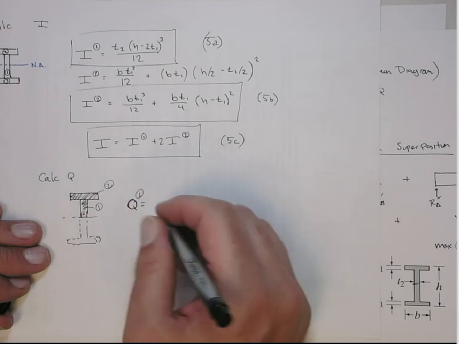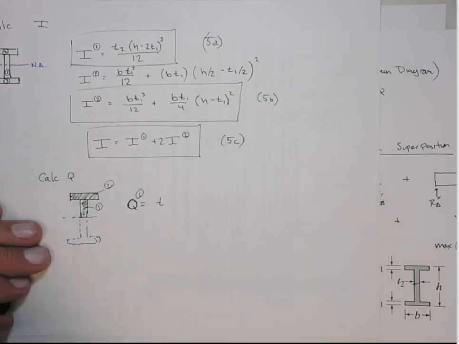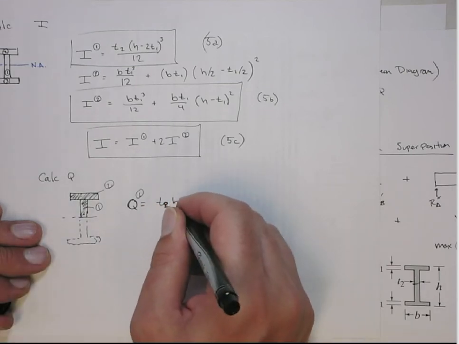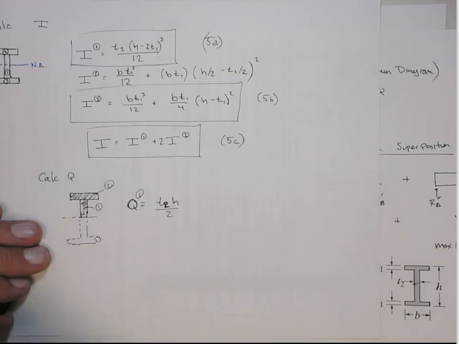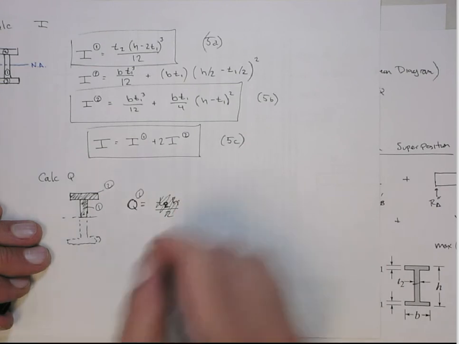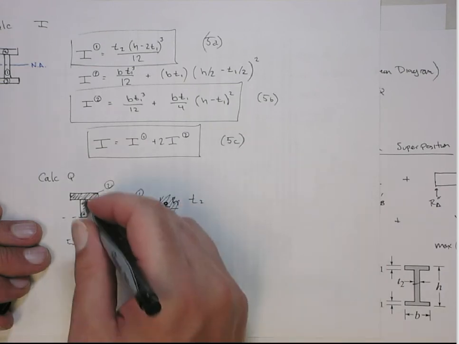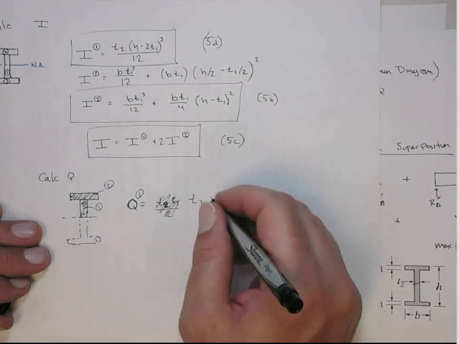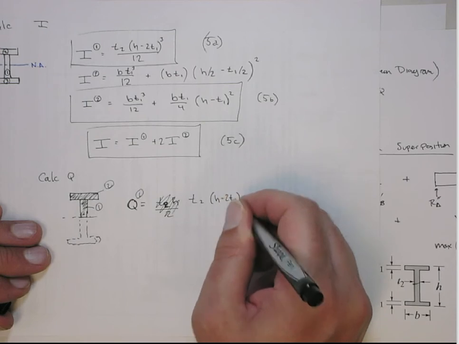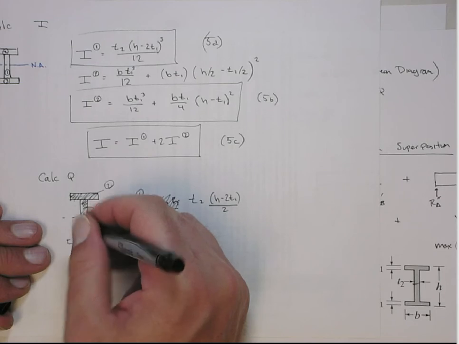So Q for shape 1 is going to be the area, which is T2 times, not H on 2, excuse me, this is H minus 2T1 over 2, right? This distance here is H minus 2T1.